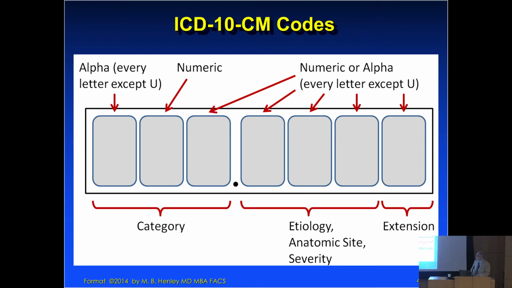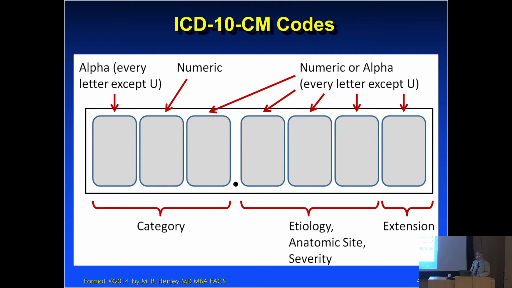So the ICD-10 code set looks like this. It's got a decimal point after the first 3 digits, which denote the category. You can see which characters are alpha or numeric or alphanumeric. The second 4 characters specify increased specificity in terms of etiology, or for fractures, anatomical site, or for medical illnesses, severity.